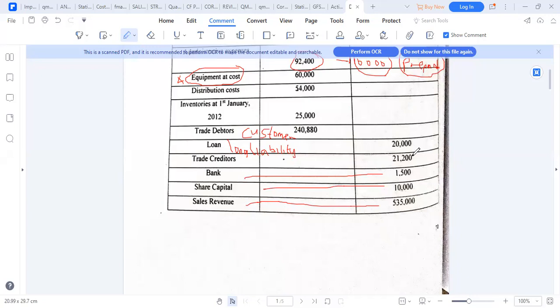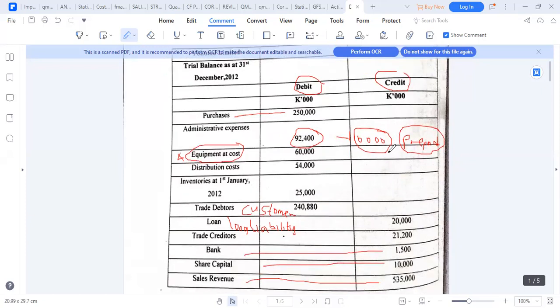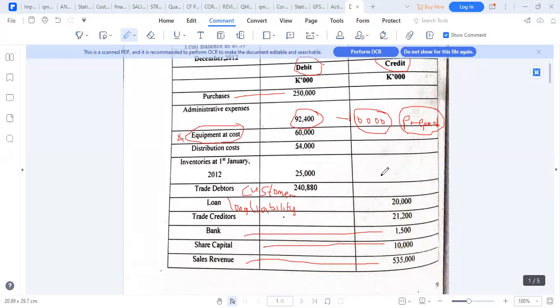I'm sure you understand what I mean. So in accounting, when you have a credit balance like this, it means that it's a liability. So it's a bank overdraft. You have overdrawn your account. That's why it's on the credit. That is the way it's supposed to be.